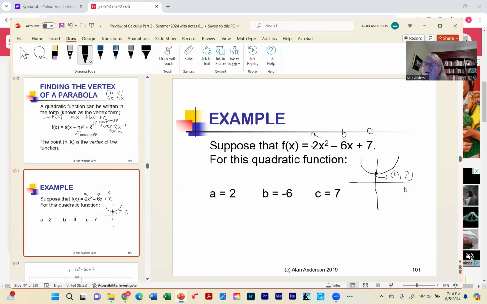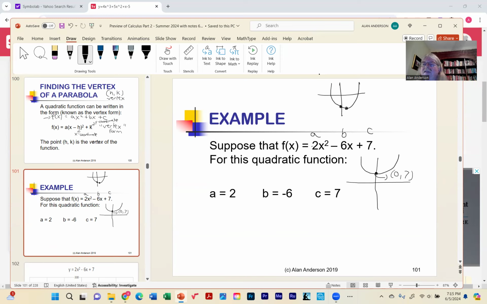Sorry, that's because of the way I drew it. That doesn't necessarily have to be the vertex. It is the intercept, but it may not be the vertex. In other words, if it looks like this, the vertex could be over here, even though this is my intercept. So don't be deceived by my little sketch here.